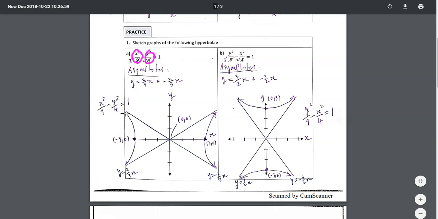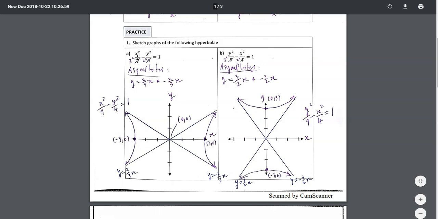If it is, your graph will be oriented like this, okay? If it's a y squared term minus an x squared term, then your graph will be oriented this way, up and down as opposed to left and right. Simple as that.